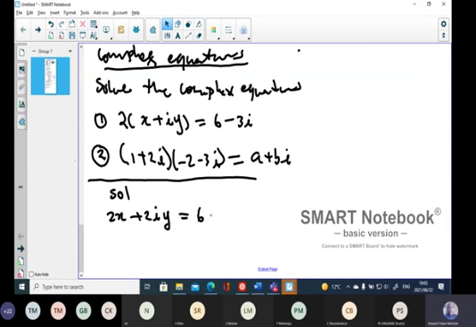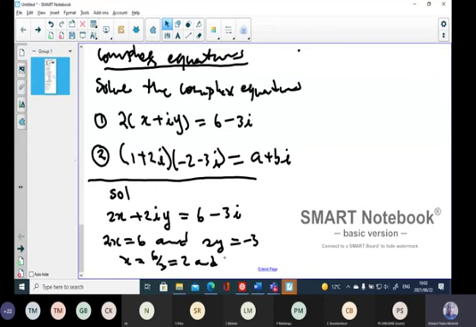According to the definition of equality of complex numbers, we have 2x equals 6 and 2y equals minus 3. So x equals 6 divided by 2, which is 3, and y equals minus 3 over 2. So we have solved the problem.